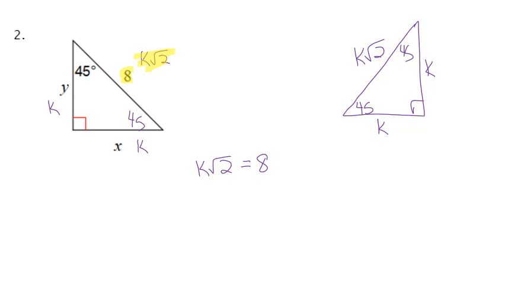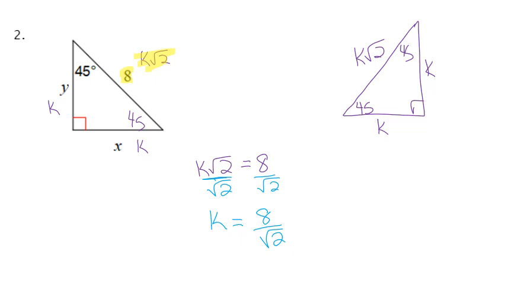Unlike the other problems where k is by itself, this one we're going to have to solve for it because it's getting multiplied by radical 2. So if we divide both sides by radical 2, we get k equals 8 over radical 2. And we might remember that we can't leave our answer like that, we have a radical 2 on the bottom.